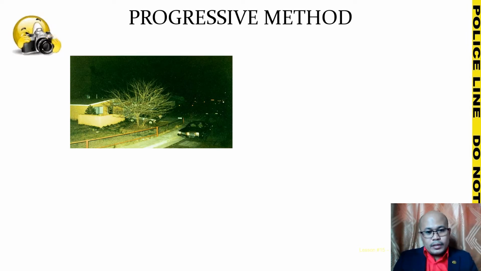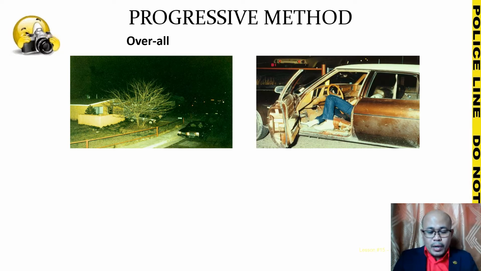On the other hand, this is how to do the progressive method. First, we take the generic view, taking up the entire crime scene, proving that there really is an area where the crime happened. So the first shot, we call the overall view or overall photograph. Then approach progressively.